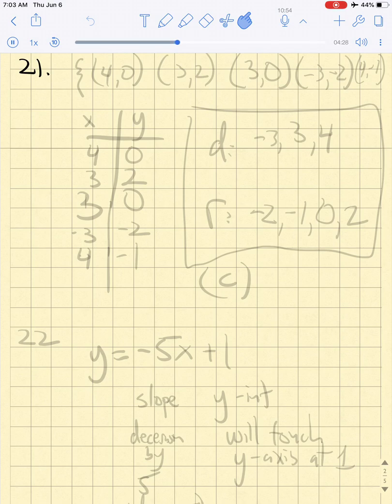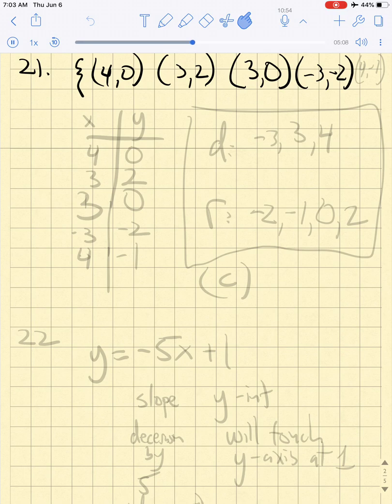We have ordered pairs for 21. So 21 is exactly the same. You have to know how to graph, and you have to know how to map the ordered pairs, and you have to know how to map out the domain and range.